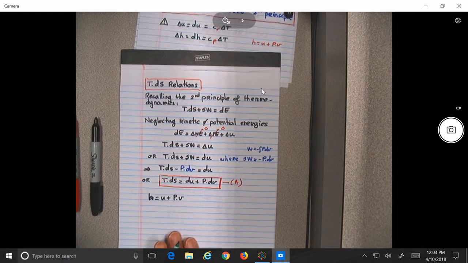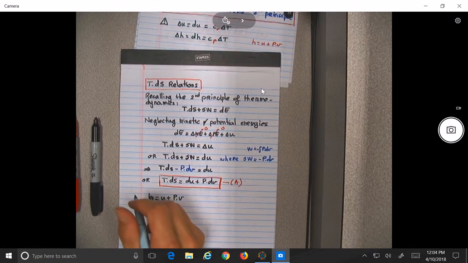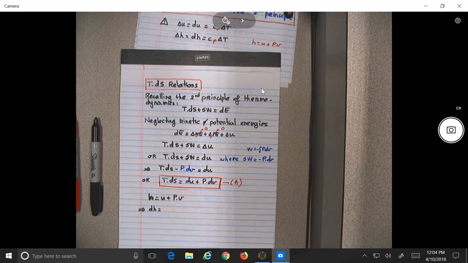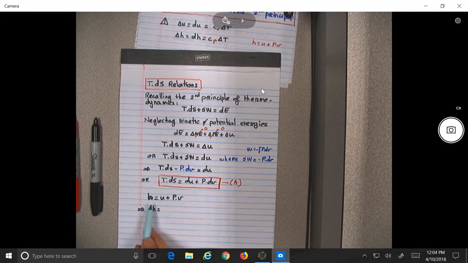So I've never done it this way, but we can maybe do it this way. So if we do this, what will be dH? Let's see if it works. If you do the derivative of H, it will be equal to what? dU, no? Plus what? What is the derivative of a function uv? It is u prime v plus v u prime, correct?